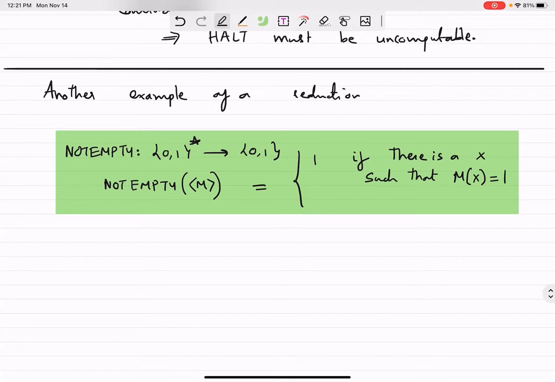Otherwise, it says 0. That's a seemingly simple definition of a function. Given a program, is there some input that can make the program output 1?